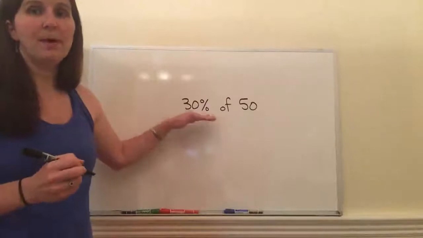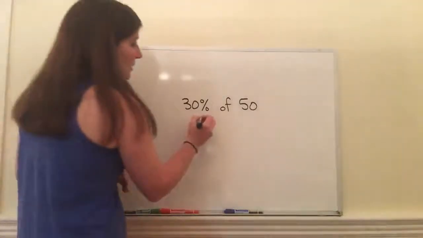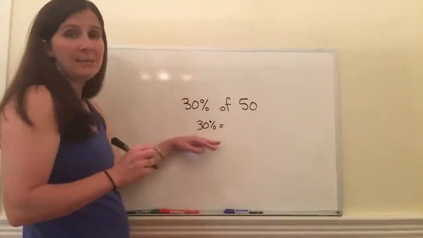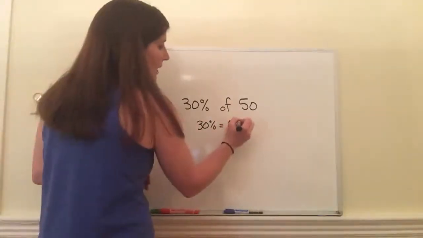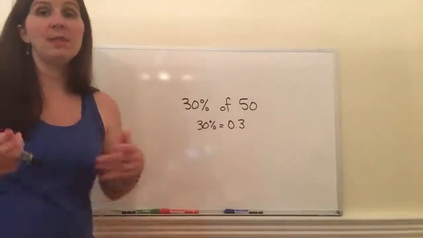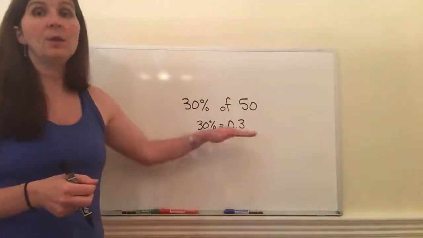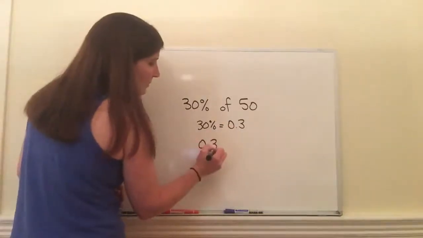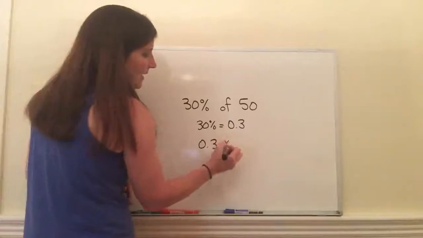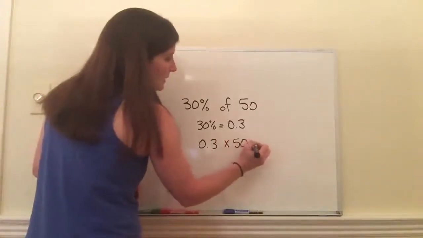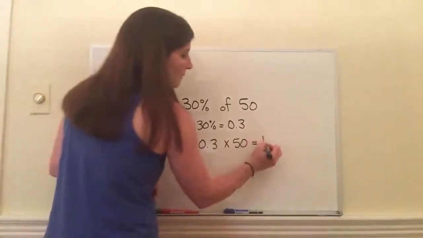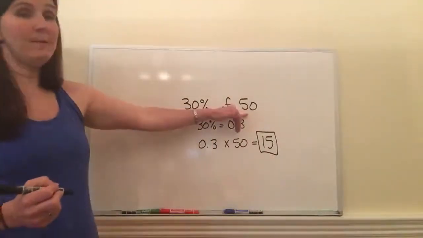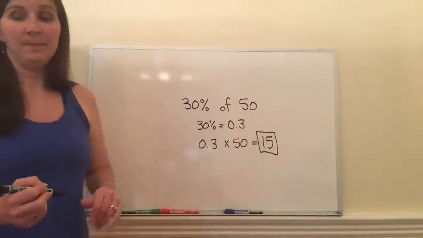So my first step, I need to change this percent into a decimal. So 30% is the same thing as the decimal 0.3, because on your calculator, if you say 30 divided by 100, you get 0.3. So I'm going to write my decimal, times 50 equals 15. So 30% of 50 is 15.